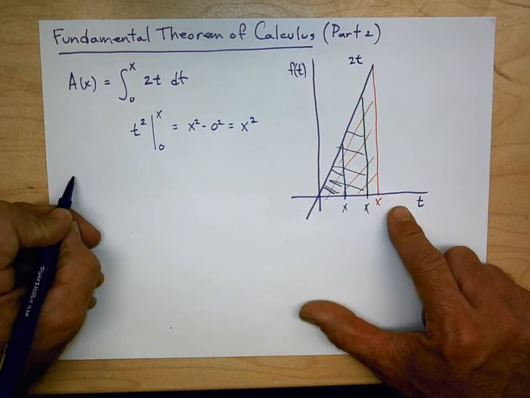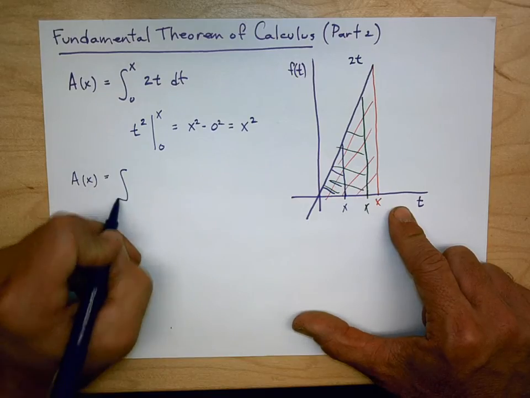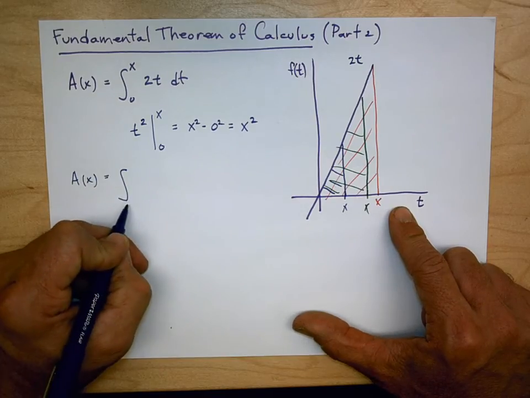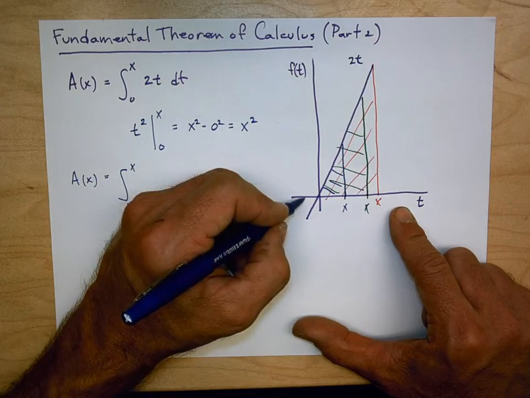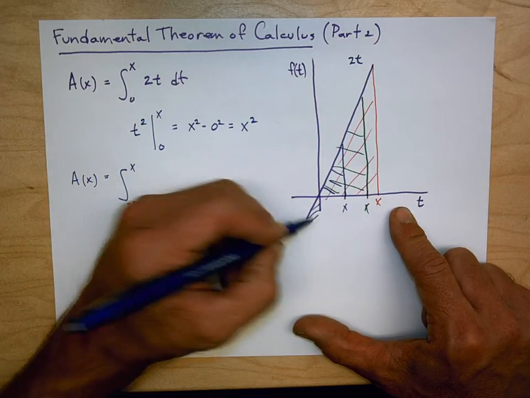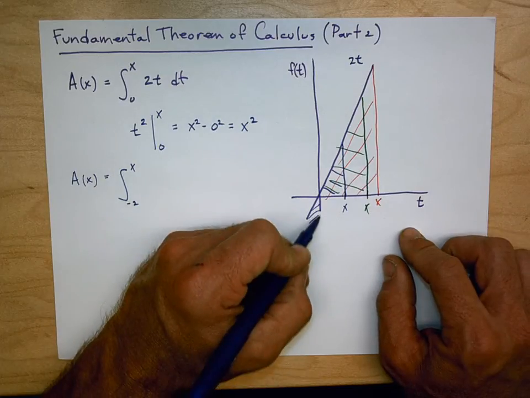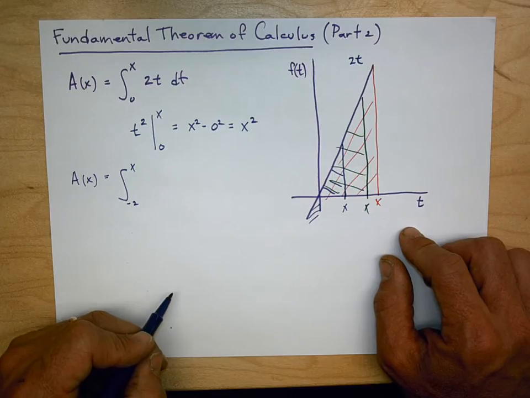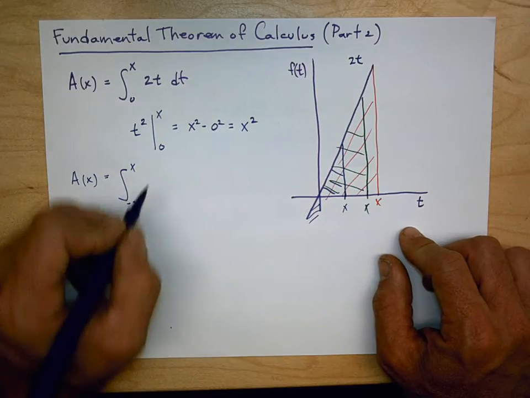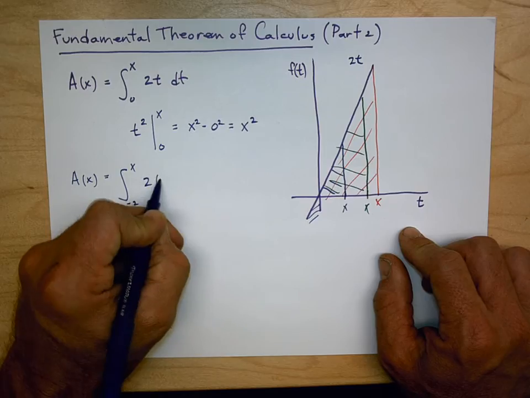What about if I started at -2 instead, and I went from -2 to x? Now I'm coming back this way, and I'm getting some signed area. This would be kind of a negative area because the heights of my rectangles would be negative in this case. But let's just look at what happens if we apply the first part of the fundamental theorem of calculus here.